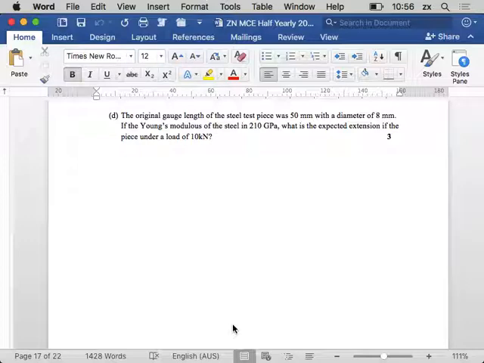210,000. That's right, because a gigapascal is 1,000 megapascals. And what units do we use? SI units, because we go together like megapascals and millimeters squared. Okay. And then for our area, I'm going to do pi d squared over 4. So pi 8 squared on 4, which I'm pretty sure is 16 pi.